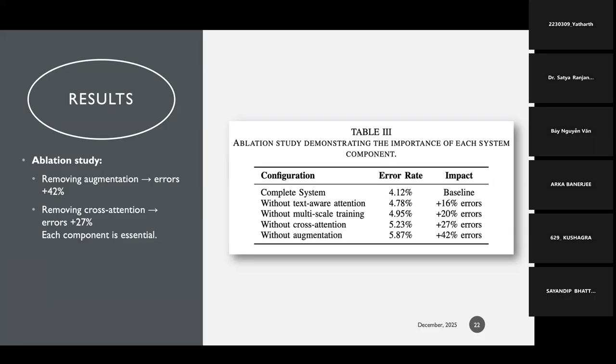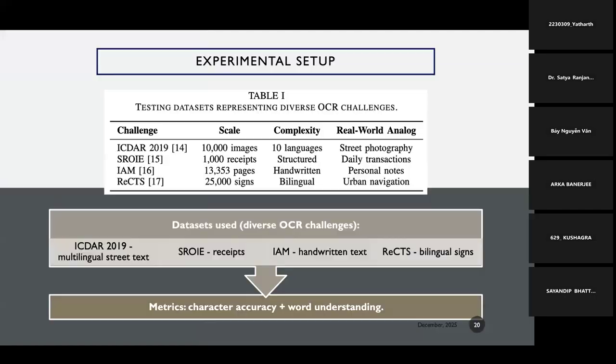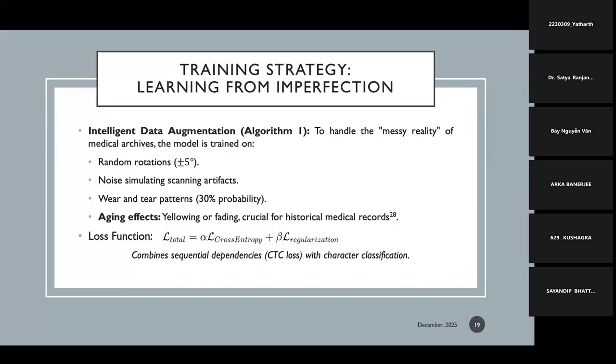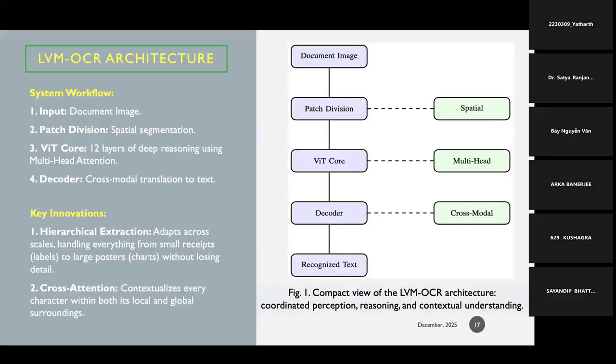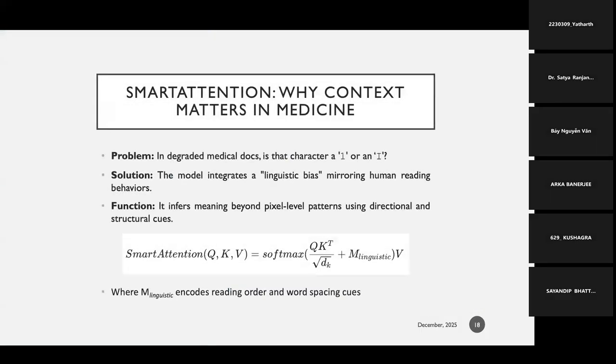So this is how we do the augmentation to make the input better for the model. And here the smart testing, and also the architecture, you can see, the smart testing is the most powerful thing for our model.